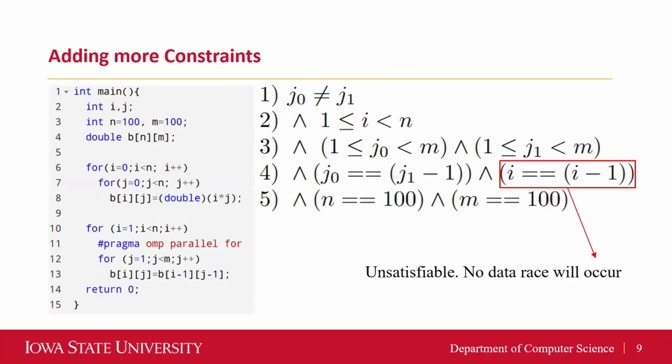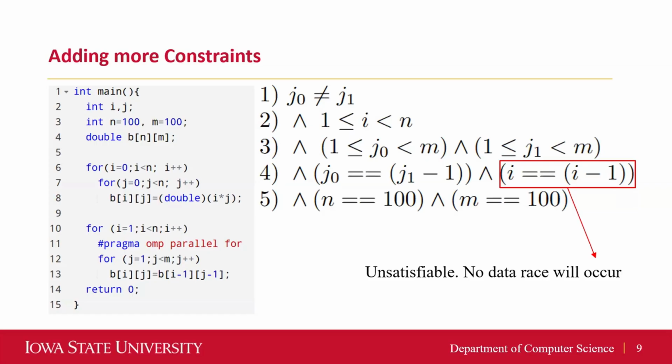So before we get into the implementation, I'll just show you how constraint solving can avoid the false positives presented. So this is DRB 54, and we can see that the inner loop is parallelized, but the outer loop isn't. So that's why we have J0 and J1 that correspond to the duplicated copies of the induction variables of the inner for loop.